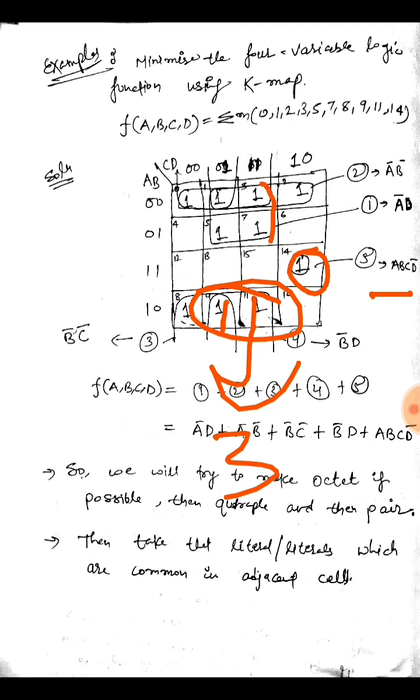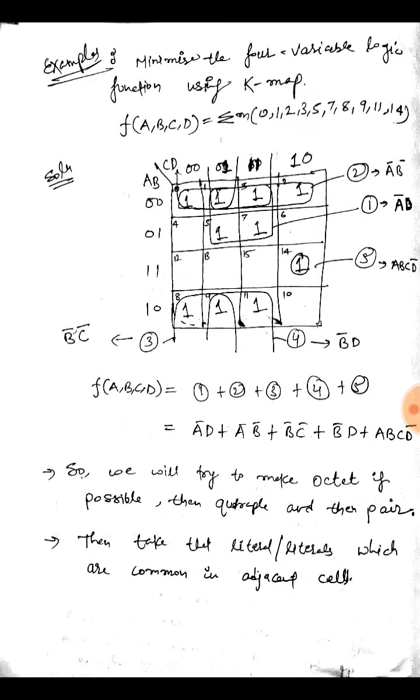If I make a quadruple, then it will reduce the variables by 1 again, so it will be having only 2 variables. If somehow I can make an octet, that is 8 ones, it will be having only one variable. So this is how we can reduce the number of variables in our logical function, or we can simplify it.